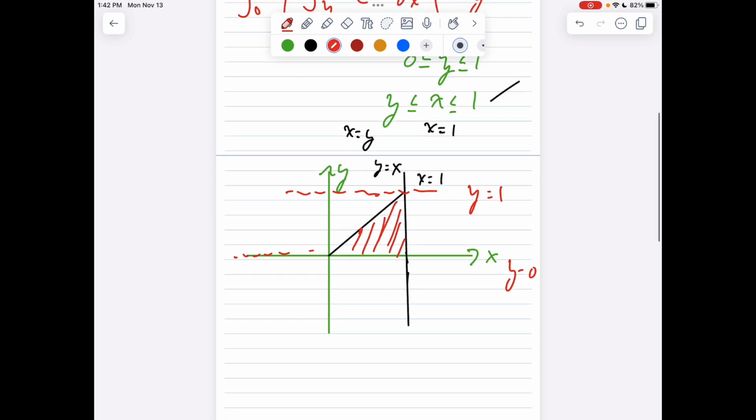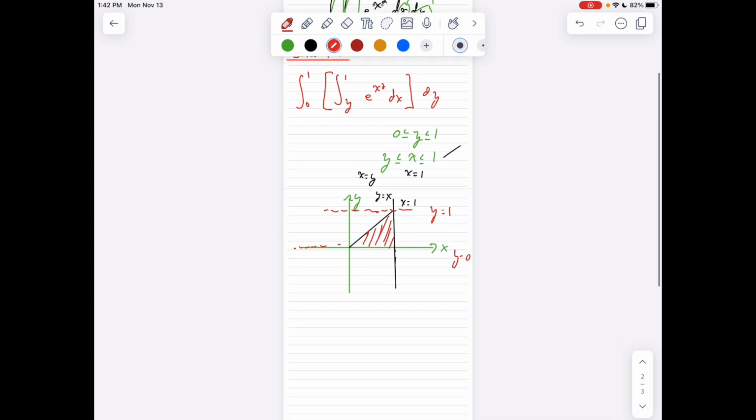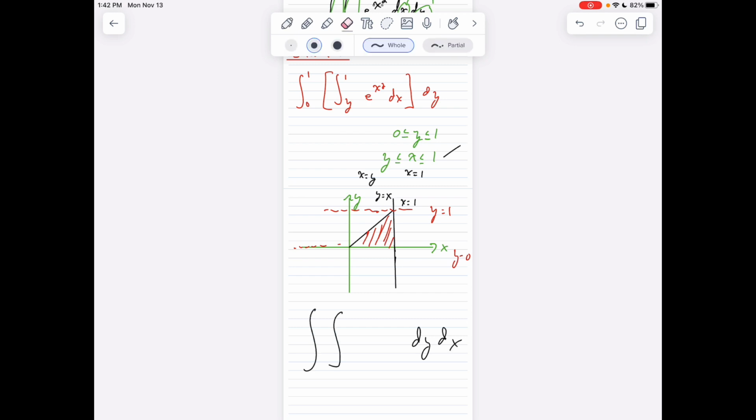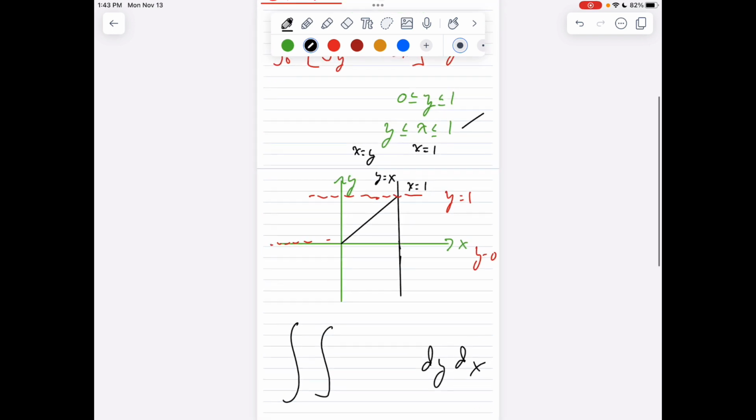And what I'd like to do now is rewrite that double integral in terms of this region with respect to dy and dx. So how do I do that? Well, let me get rid of this stuff. When we're setting up our limits of integration, I like to look at the region and draw an arrow, and the arrow hits the first function that bounds the region, that's your bottom limit.